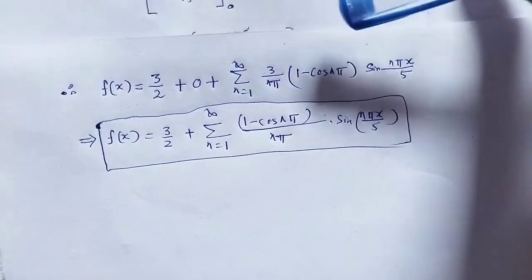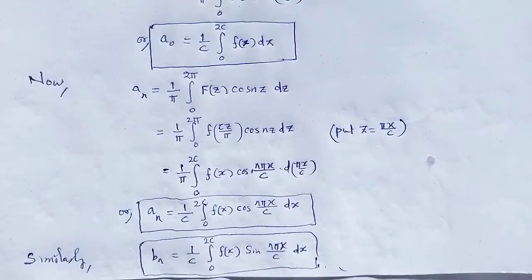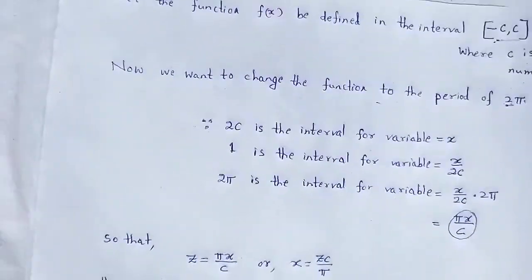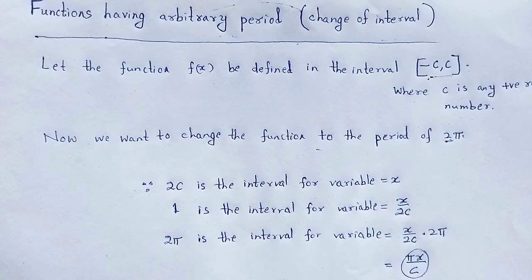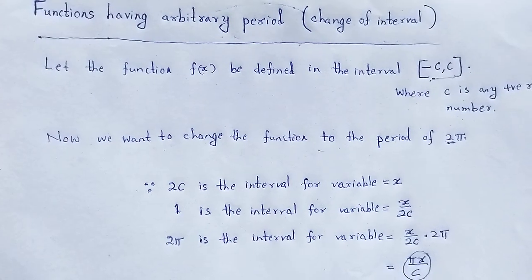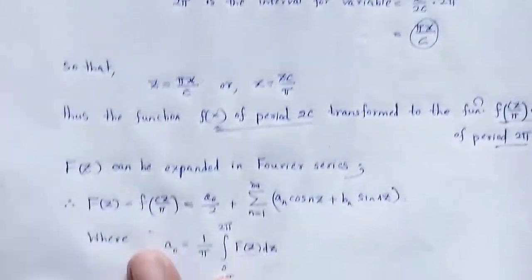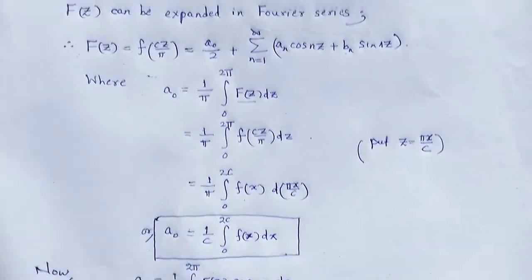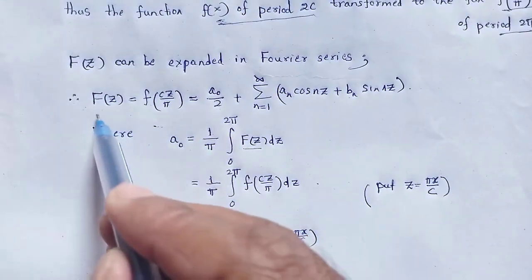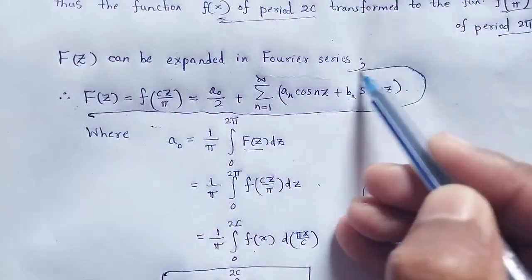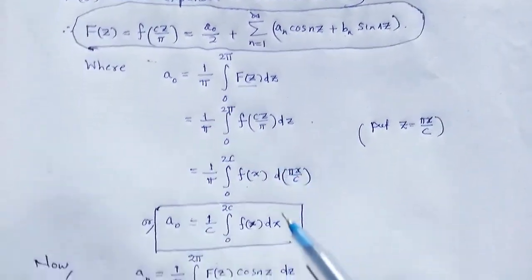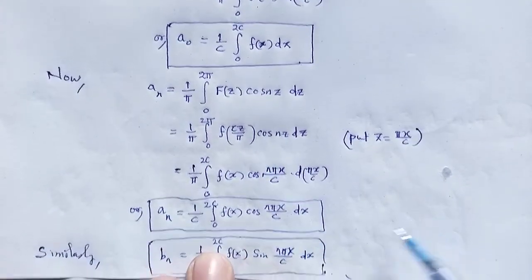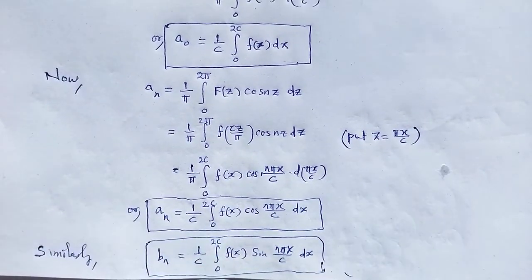So with the help of this video lecture, we understand how functions having arbitrary period, that is change of interval, take place in the case of Fourier series. That is the expansion of Fourier series, where a naught, an and Bn are evaluated, and we took an example regarding this.